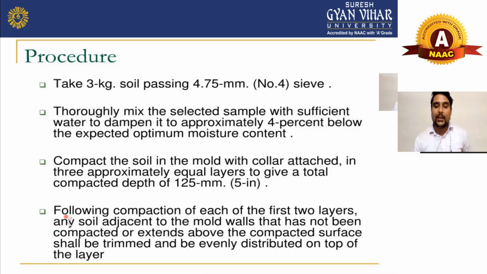Next, following compaction of each of the first 2 layers, any soil adjacent to the mold wall that has not been compacted or extended above the compacted surface shall be trimmed and evenly distributed on top of the layer. These are the procedures which you have to follow while performing this test.